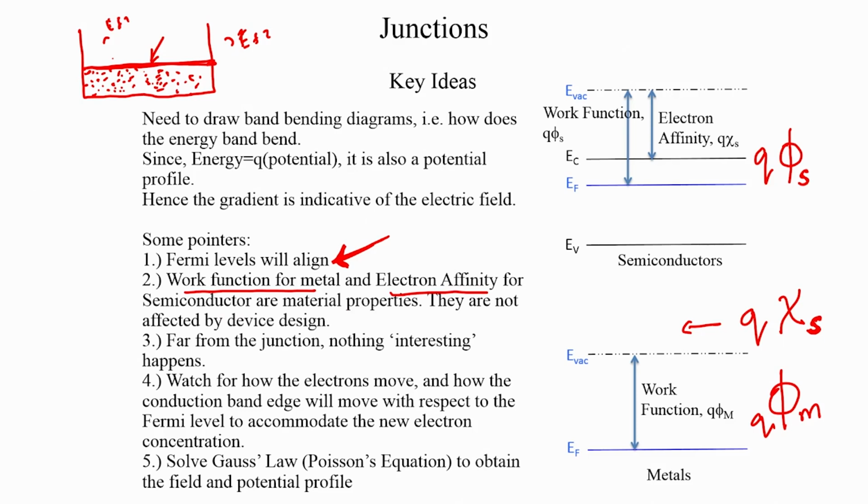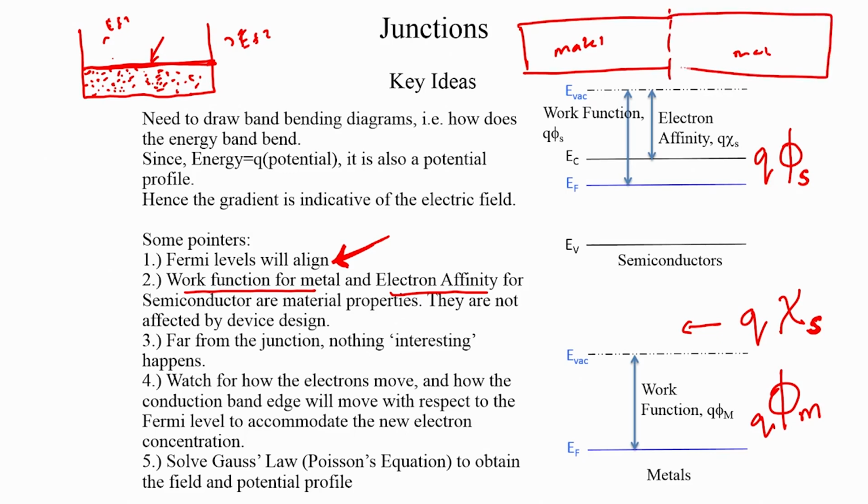So, remember that. And the next thing is that very far away from the junction, let us say you have a very long piece of material 1 and another long piece of material 2 and you created a junction. Okay. So, these are long and we can soon define the length scales more accurately. Now, you have a lot of interesting things happening in and around the junction.